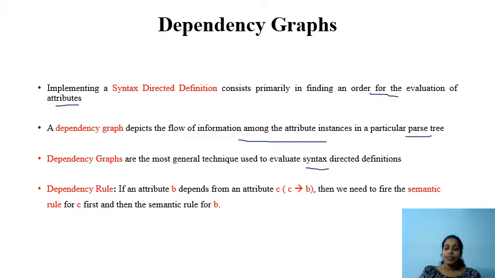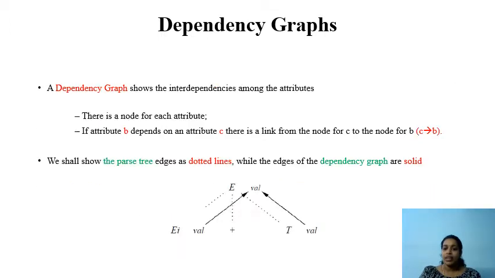As in every graph, there are nodes and edges. Here nodes represent the attributes and edges represent the relationship among different attributes. That is, the dependency graph shows the interdependencies among attributes.